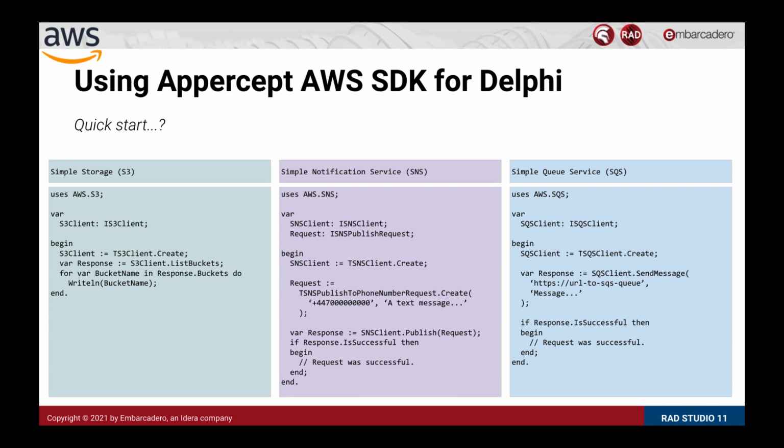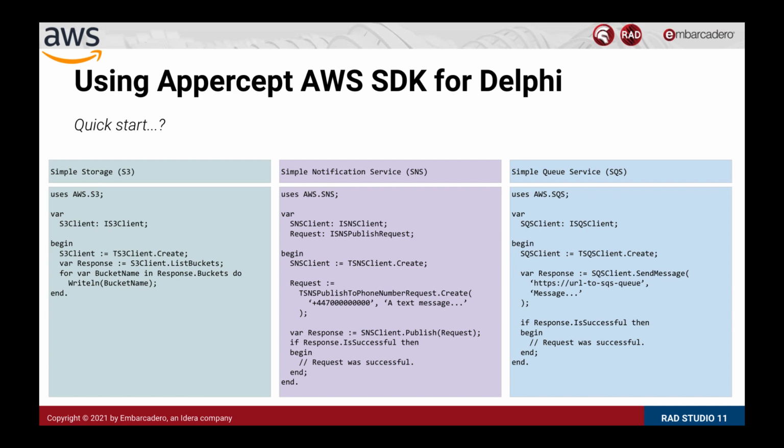So anytime we need to add request data, we create a request object, and each request object is specific to the request that we are making here. Then we say if the response is successful, we know that it was accepted to be sent to the relevant mobile number, and we can do something based on whether the response was successful or not.